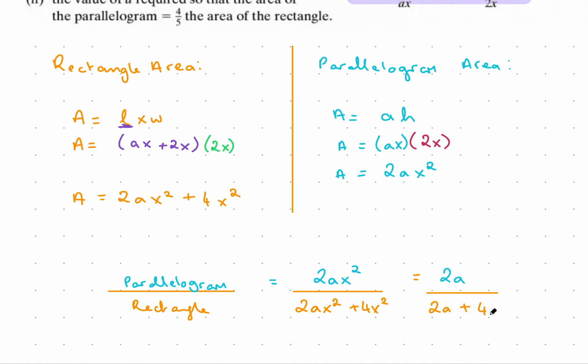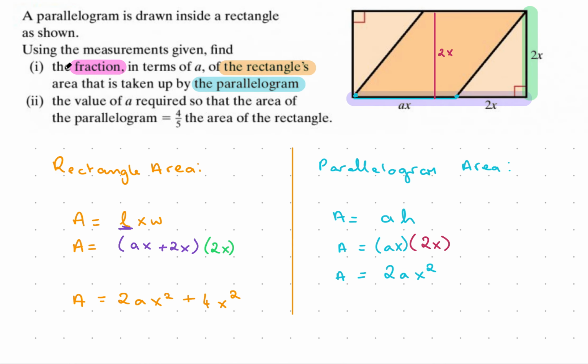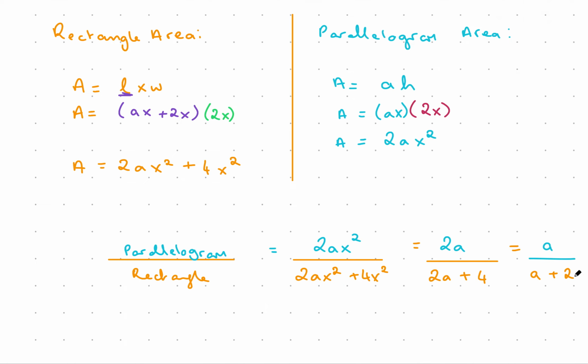Looking at that again, I can see that there's a common factor again. 2a and 4 can all be divided by 2. Dividing the fraction top and bottom by 2, I'm going to have a on top and a plus 2 on the bottom. So a all over a plus 2. And that there is the first part of the question. Part one says the fraction in terms of a. So there it is, it's a fraction, and it's all in terms of a. No x's involved, just a.